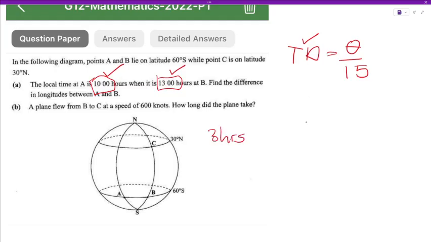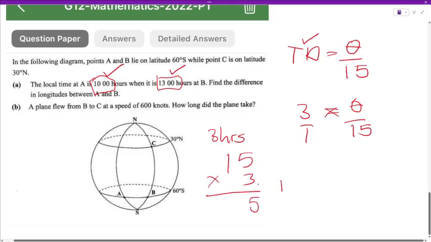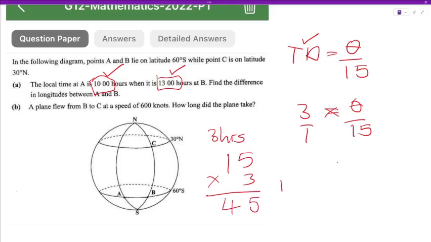That's the time difference. So where there's TD, put 3. Okay, you're trying to find theta over 15. Then you can say over 1, cross multiply. 3 times 15, what do you get? 3 times 5 is 15. Remember 1. 3 times 1 is 3 plus 1, 45. So you're going to have 45 on the left, and then you have theta here, and you are done.